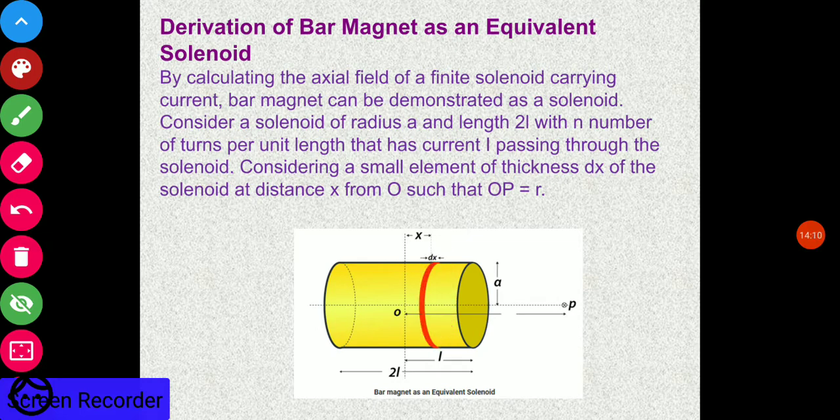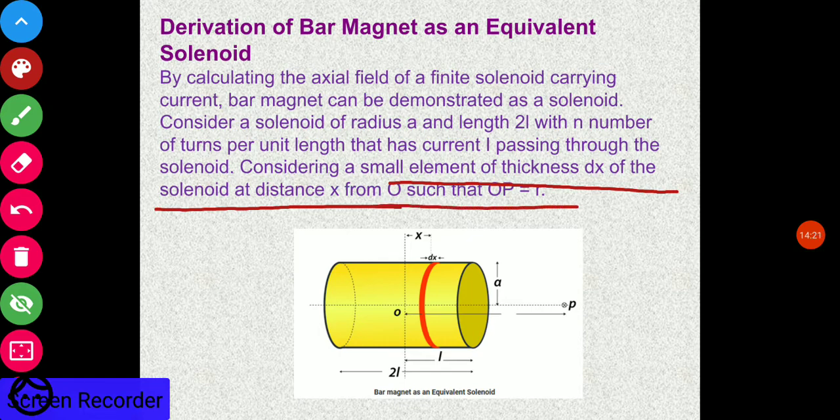So let us consider a small element of thickness dx of the solenoid at a distance x from O, such that OP is equal to r.